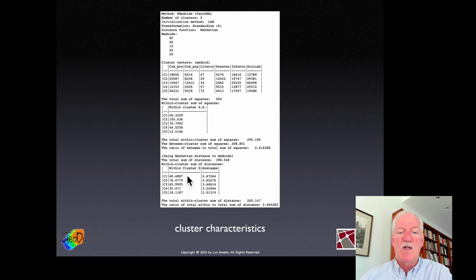In terms of the objective function, this is what counts, and this is the value that we want to minimize. Rather than maximizing this ratio, we want to minimize this ratio. So we get 0.66 here.